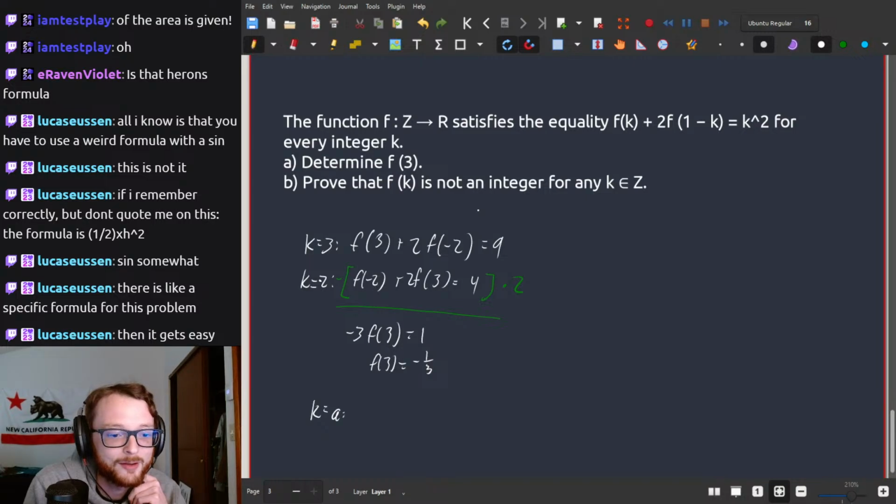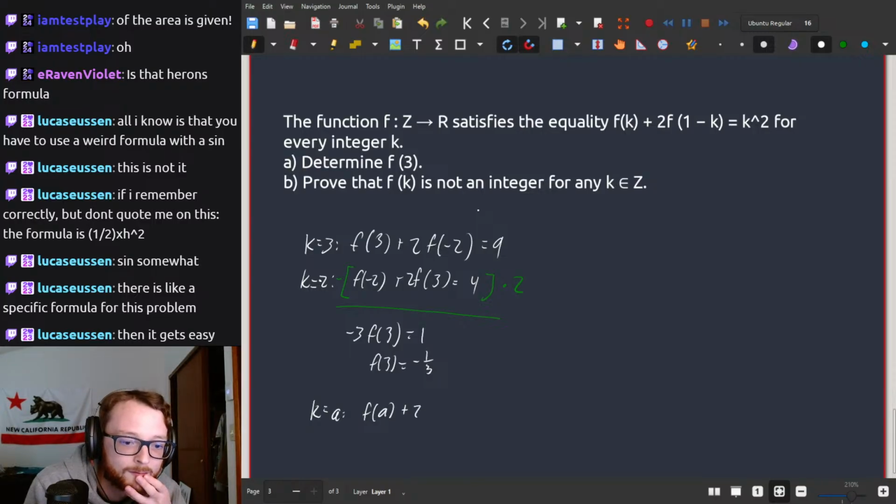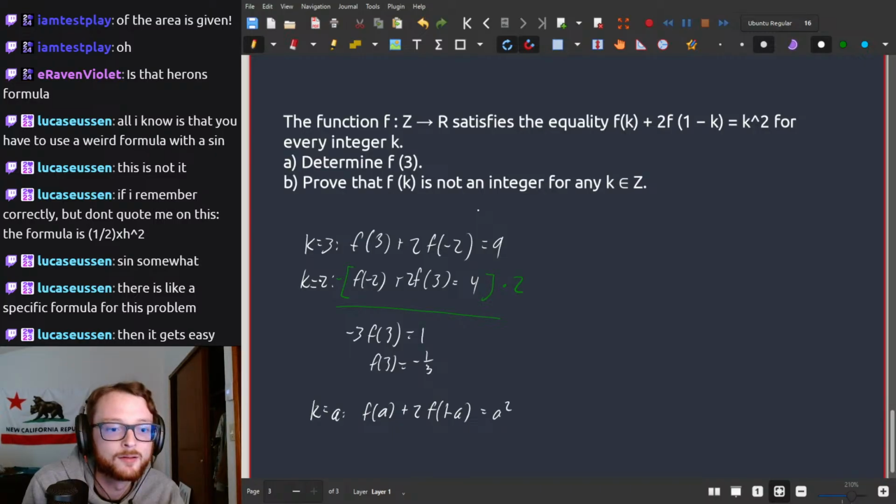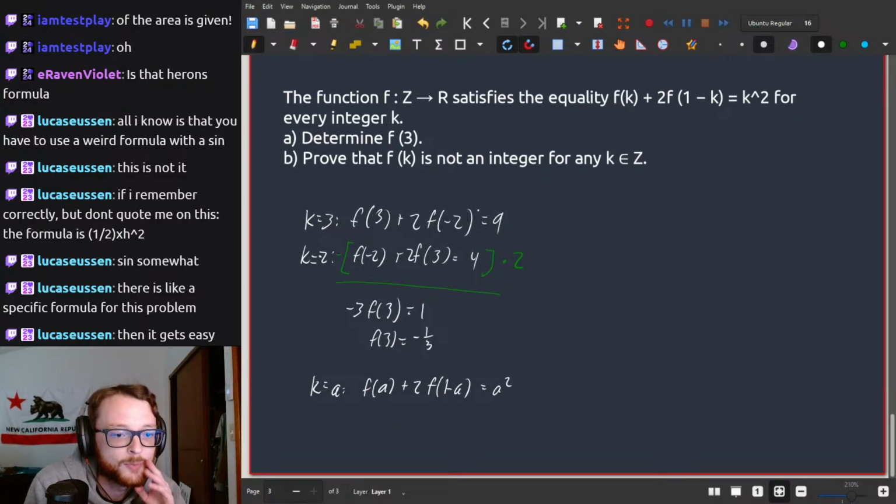Just like k equals a. And then compare it with k equals 1 minus a.